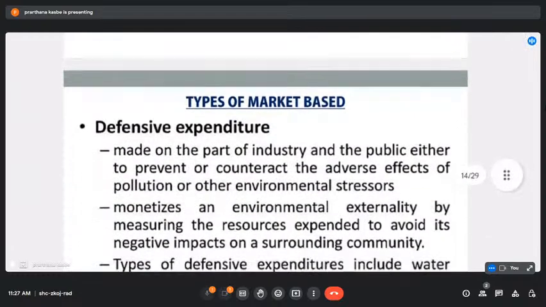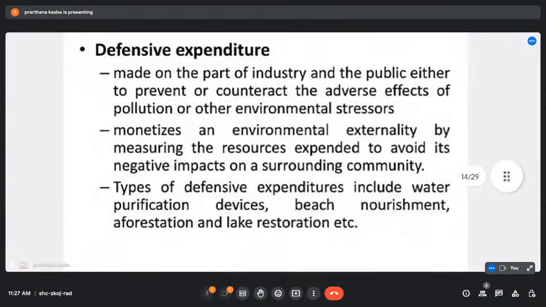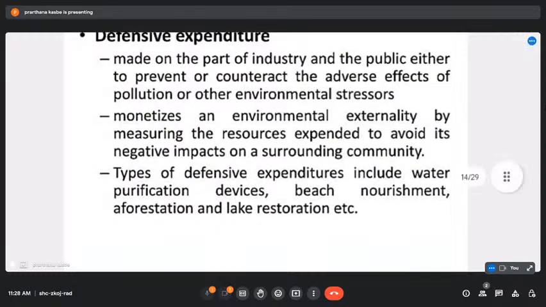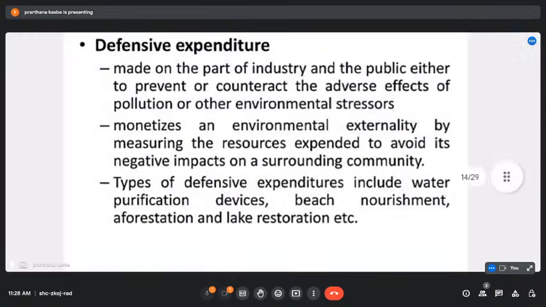Another is the defensive expenditure made on the part of industry and the public either to prevent or to counteract an adverse effect of the pollution or the other environmental stresses. This method monetizes environmental externalities by measuring the resources expended to avoid its negative impact on the surrounding community.